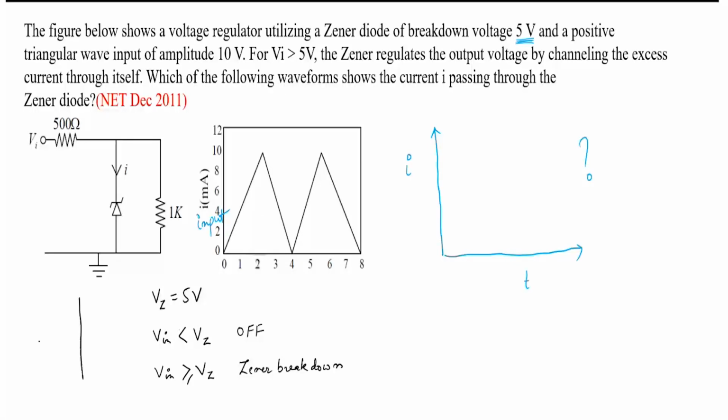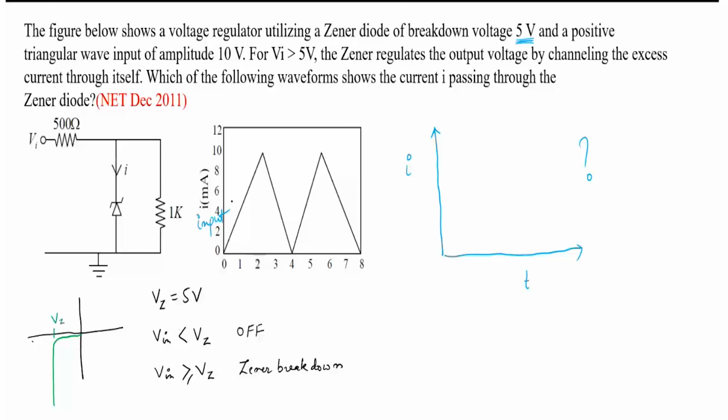Let me draw the graph again here. The breakdown will happen like this. So this is at Vz. This is what I'm referring to as a breakdown. So in the breakdown, large current can flow through the diode, but the voltage will be around Vz only, right?